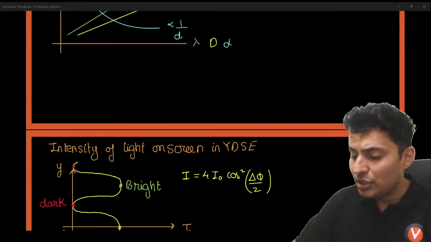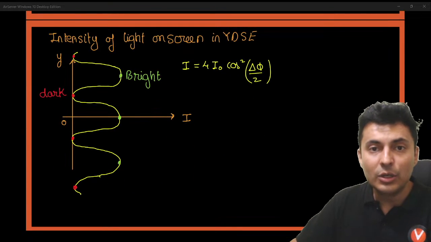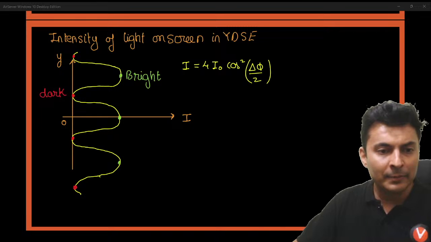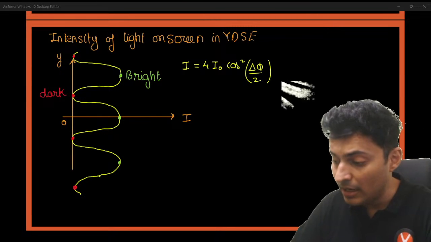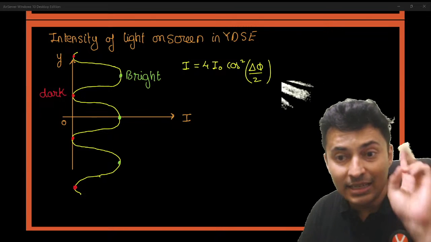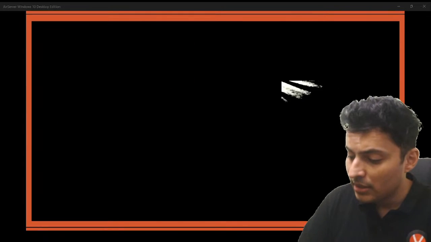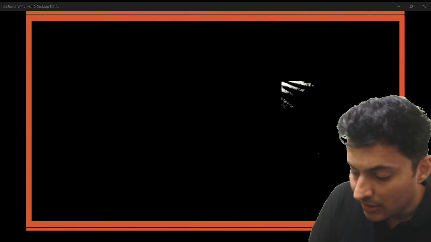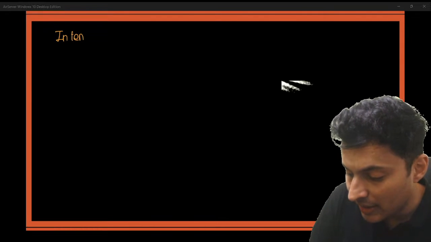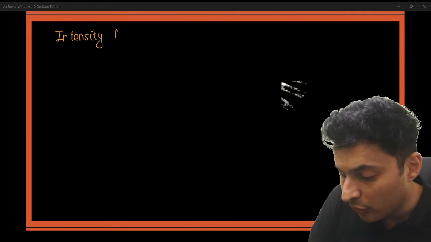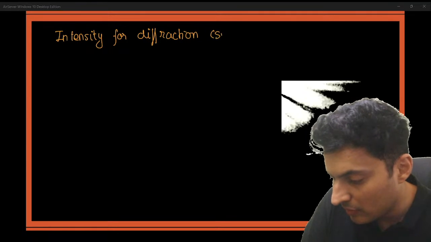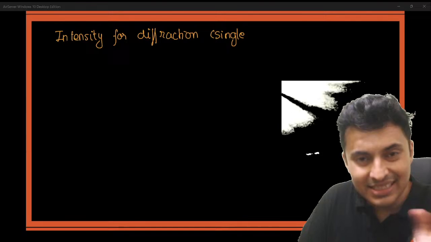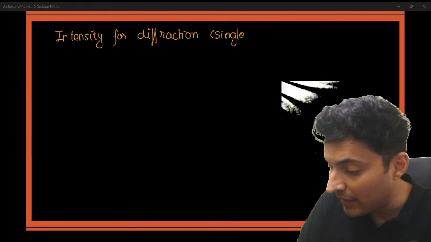Now, when I showed you the intensity of light on screen due to Young's double slit experiment, there is also another graph of intensity, but for a single slit experiment. Double slit is interference, single slit is diffraction.